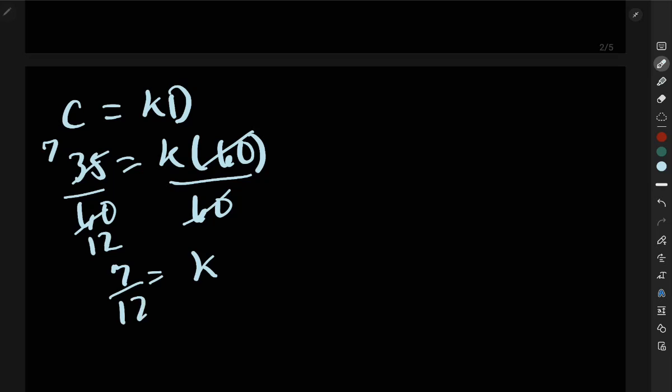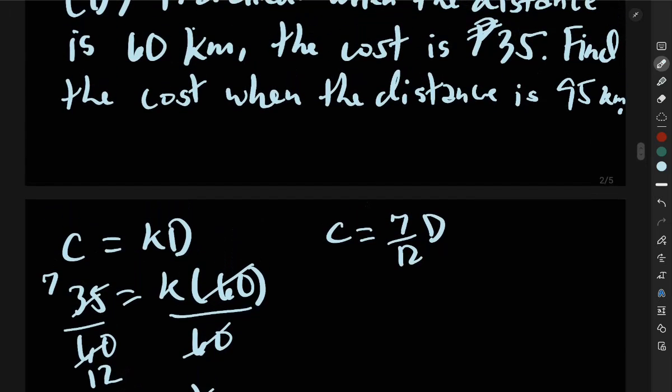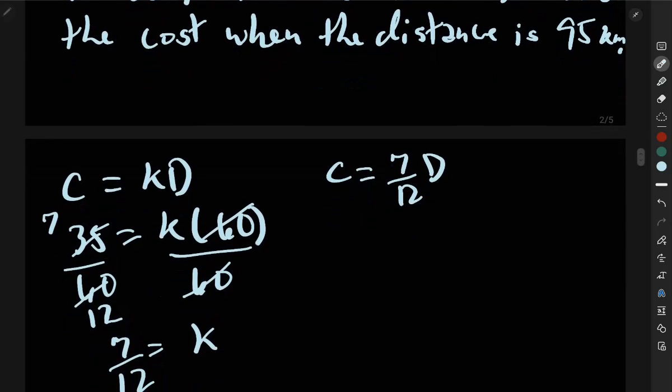Now we can write our equation: C equals 7/12 D. That is the first thing that you need to do to identify the equation. And then let's go back to what is asked. Find the cost when the distance is 95 kilometers. So the cost is 7/12 times the distance of 95 kilometers.